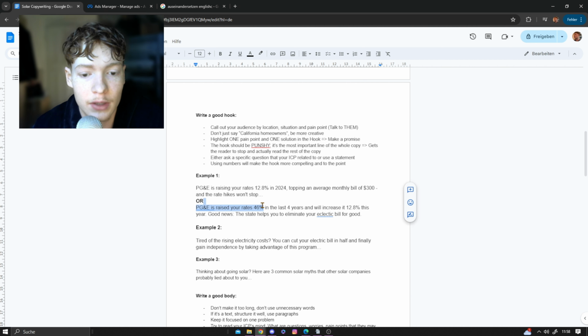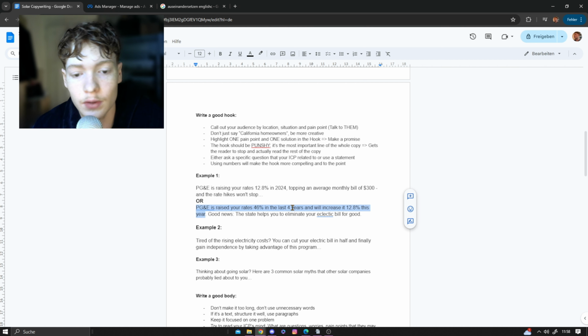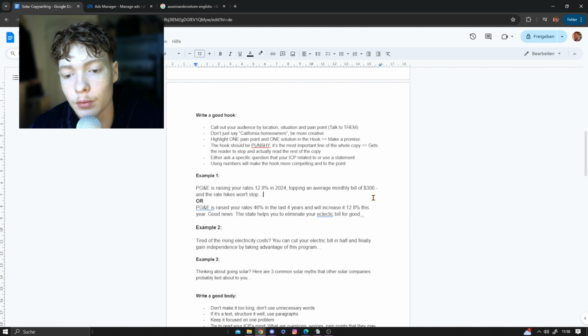This makes it more dramatic, because this is crazy, 46% in the last 4 years, and will increase 12% this year. This really shows how crazy those rate hikes are. And then: good news, the state helps you to eliminate your electric bill for good. And then of course they will want to keep reading.